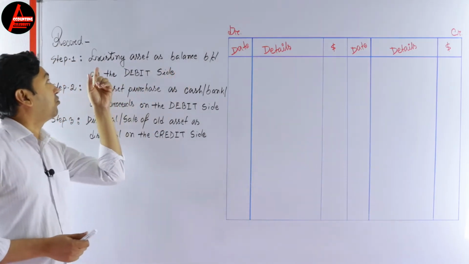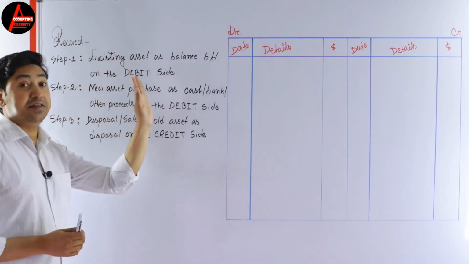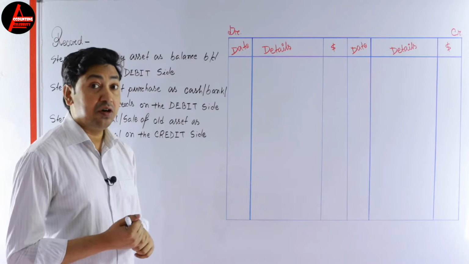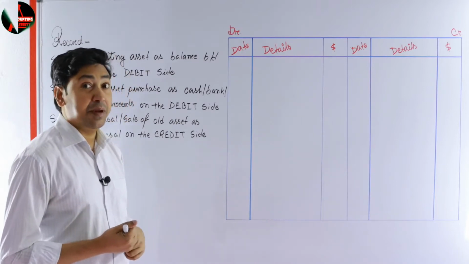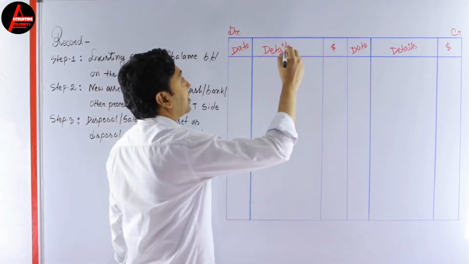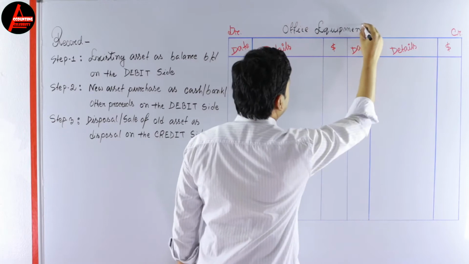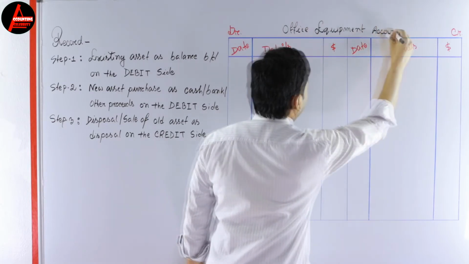Step 1, as we already wrote here: existing asset as balance b/d on the debit side. You already know that asset has a debit balance, so balance b/d will come on the debit side. We will write here office equipment account.